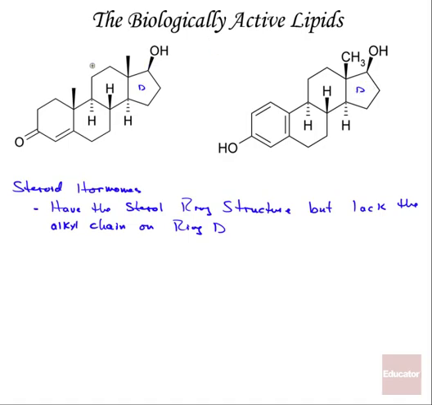So these have the basic structure, they have the 4 rings, but they lack that alkyl chain, and as you can see, they actually have other polar groups up here. So now they are highly oxidized, and reasonably polar.